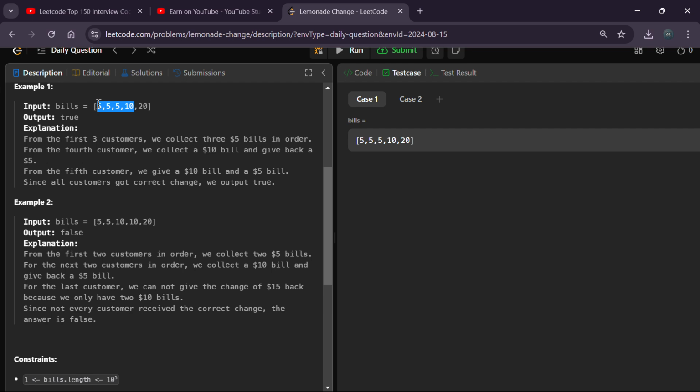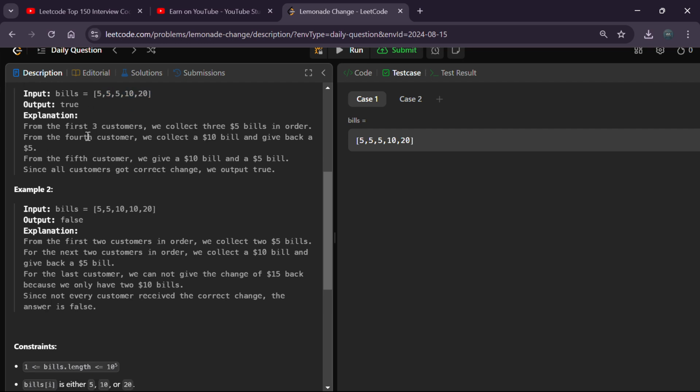I said two $5 and one $10 before. That's my mistake. We have to return one $5 and one $10, which adds up to $15 for the fifth customer. We remain with $25 in our hand. $25, right? So yeah, that's it.